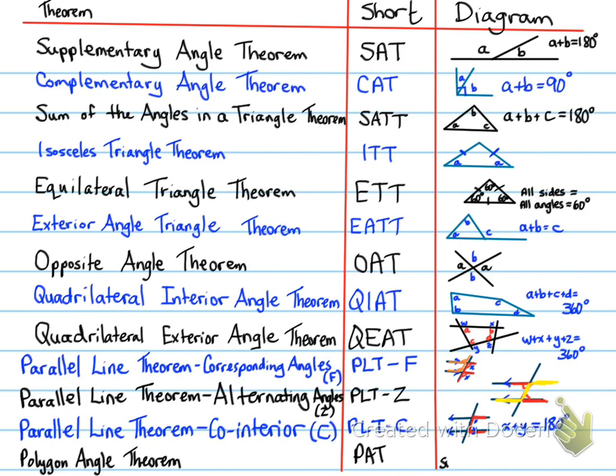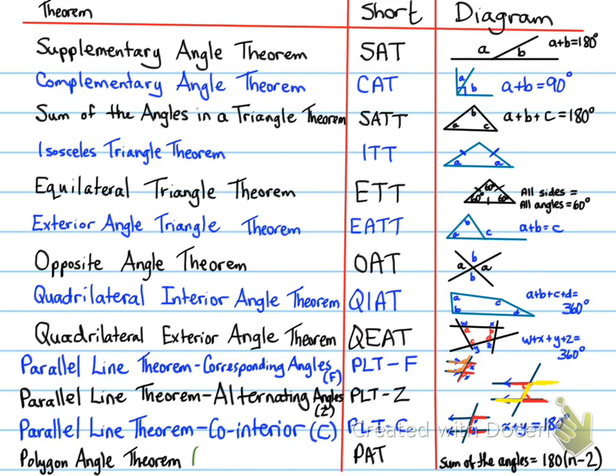PAT stands for the fact that we can determine the sum of the angles of any polygon, from triangles all the way up to n sides. The sum of the angles in a polygon is always equal to the following formula: 180 times n minus 2. And we'll be looking at this example in the next lesson.